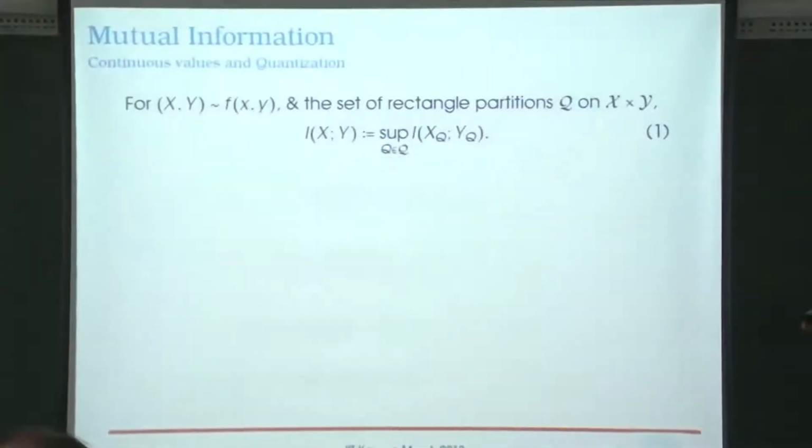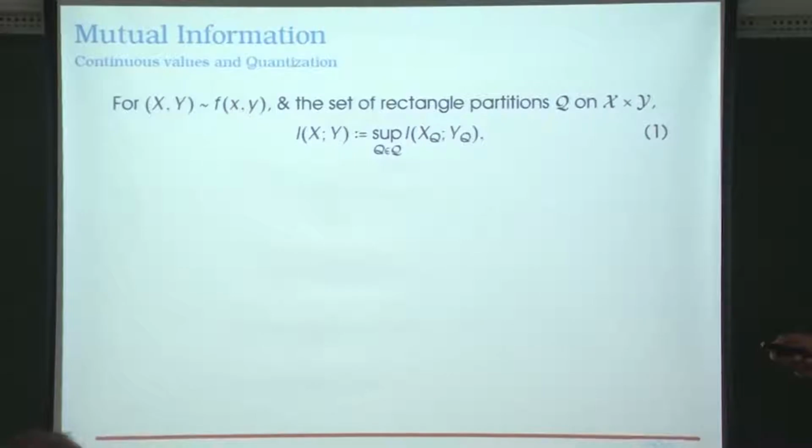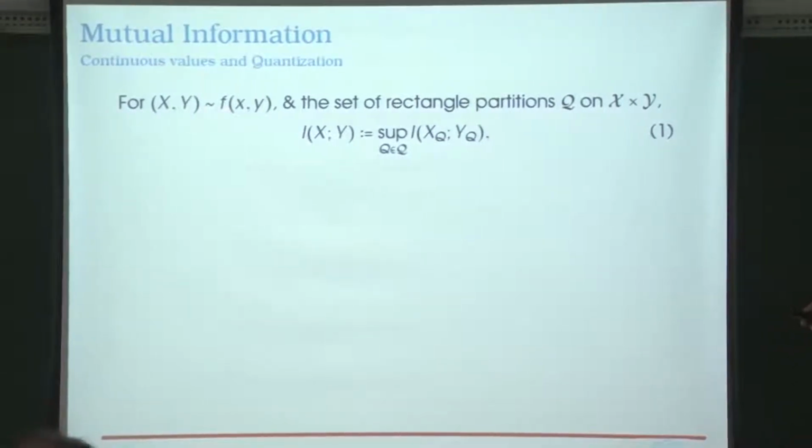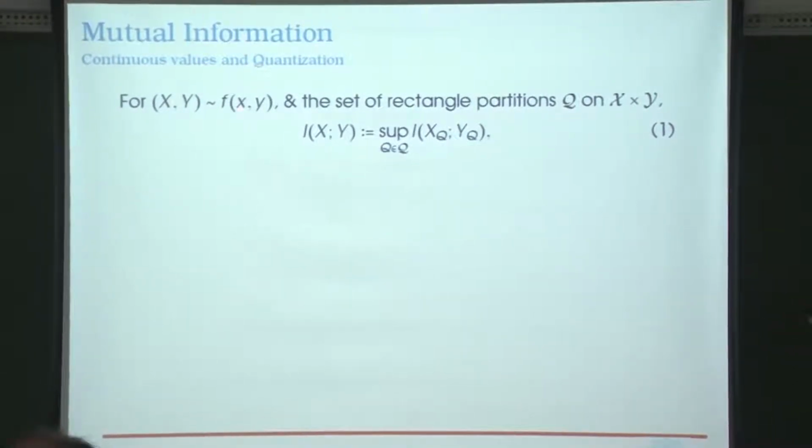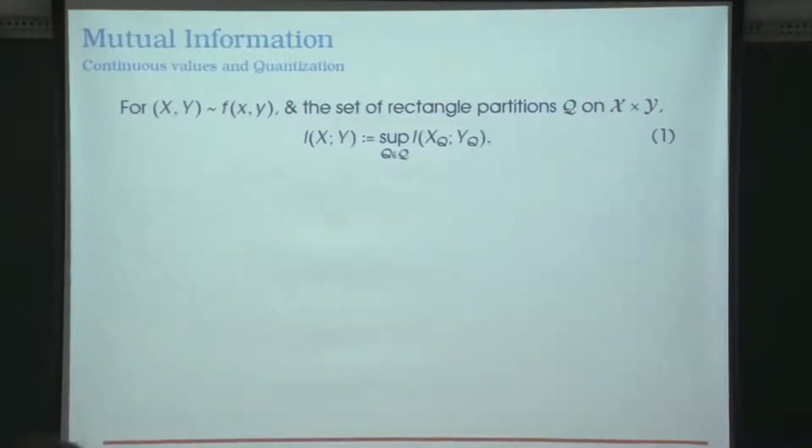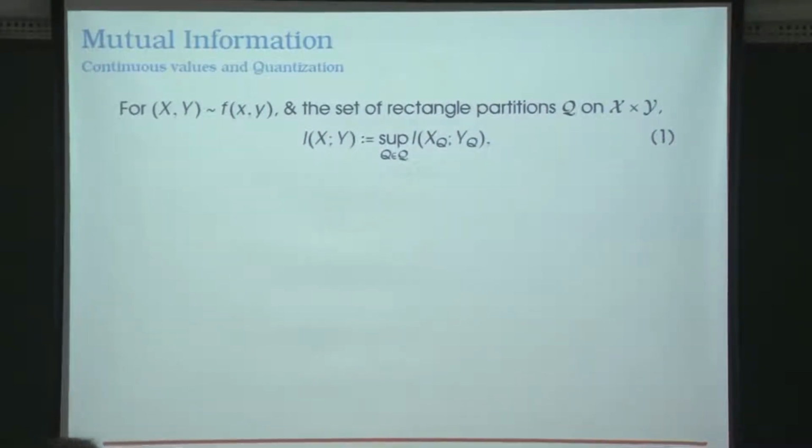So, here is the thing. You have x and y according to a density function f_XY. I am taking it that they admit a density. And what we do is take partitions of x and y. I took a rectangular partition so that I can then talk about a marginal of x and a marginal of y.